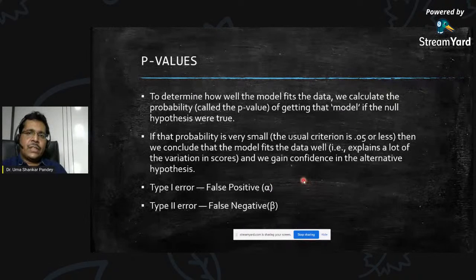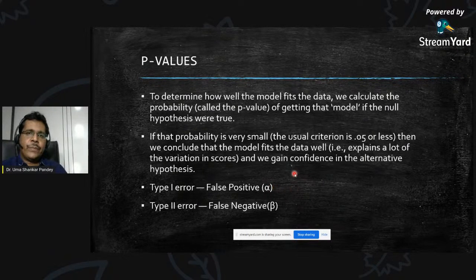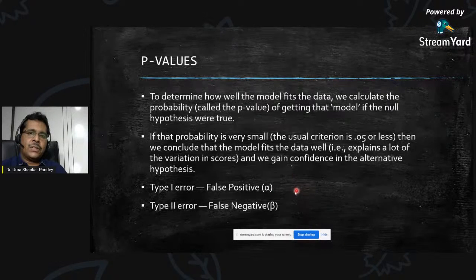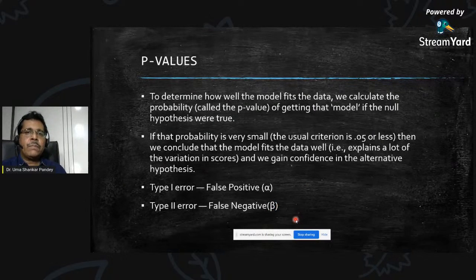In clinical research, you can understand this has very, very important dimensions. So if I have to talk in terms of COVID-19, then a false positive would mean that you are suggesting that a person is COVID-19 positive when in fact he is not. False negative in that case could be very, very dangerous. The person is COVID-19 positive, but you are passing him off as COVID-19 negative.